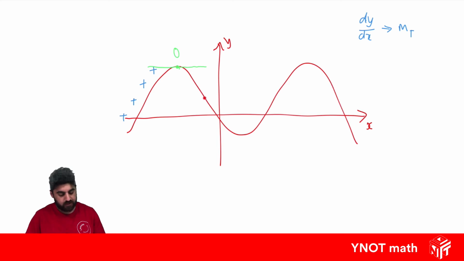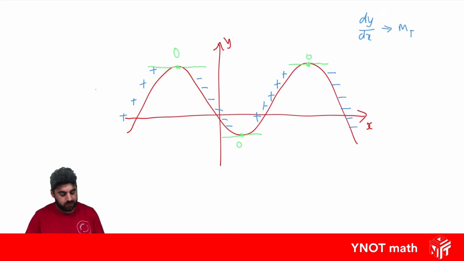If we drew tangents anywhere along here, they'd all have negative gradients. Positive gradients over here, and back to negative gradients over here, and we'd have a 0 gradient there, and a 0 gradient there.